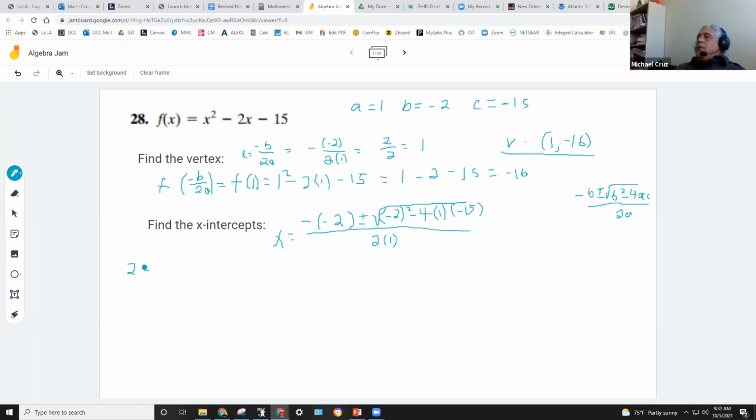So that's going to be 2 plus or minus the square root of 4, and then this is negative times negative, so that's plus 60, right? And it looks like to me this one would have been factorable. It might have been quicker to do it like that, and the reason why I know it's factorable is because it's got a perfect square in there.